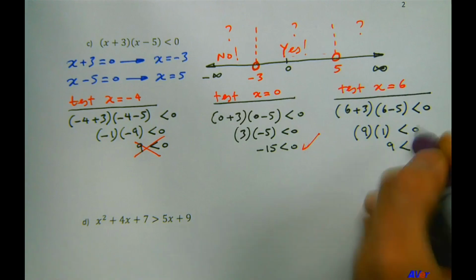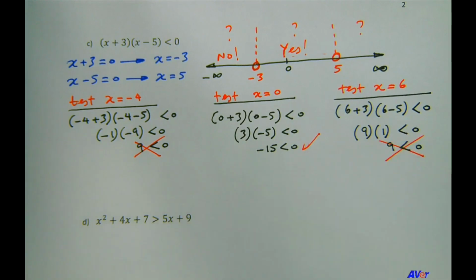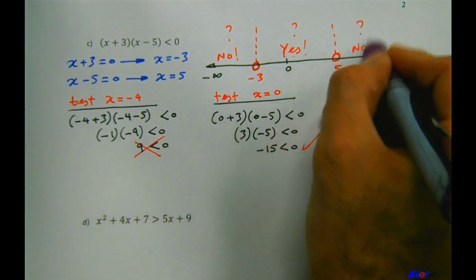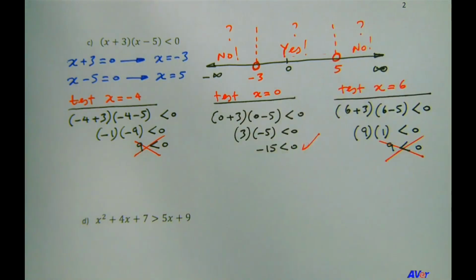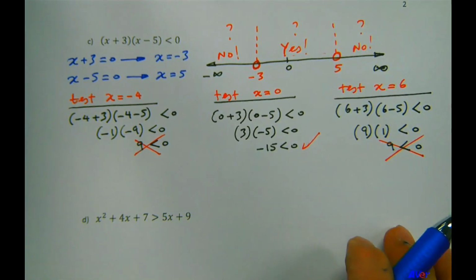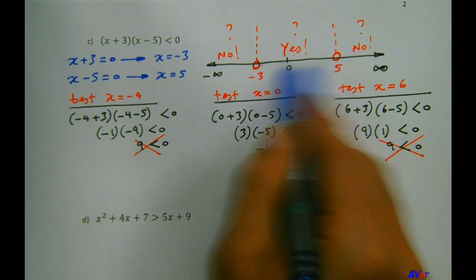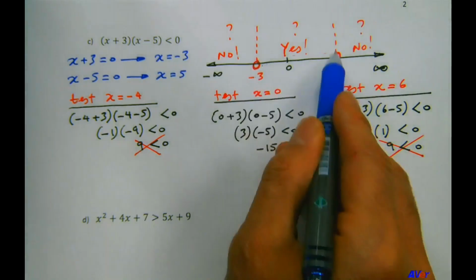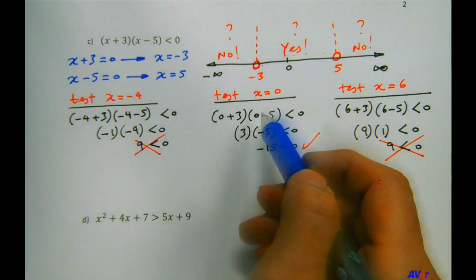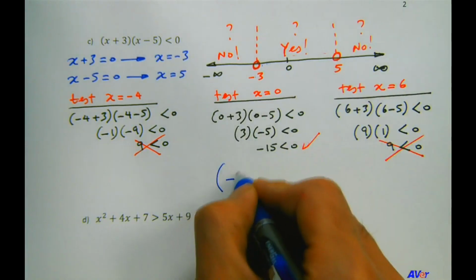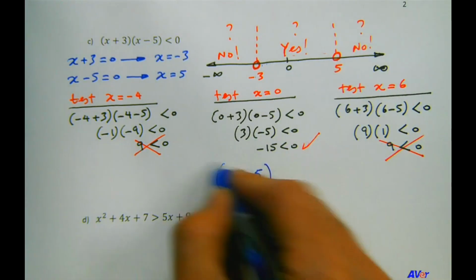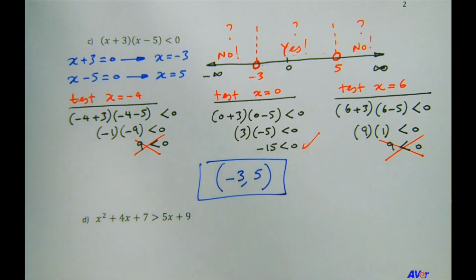No, right? 9 is definitely greater than 0. So no, that region is not a solution. So looking at that, we can write the solution for this problem. The solution is anything between negative 3 and 5, excluding negative 3 and excluding 5. Like that.